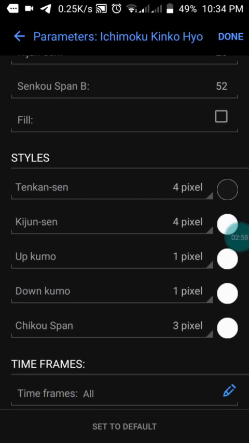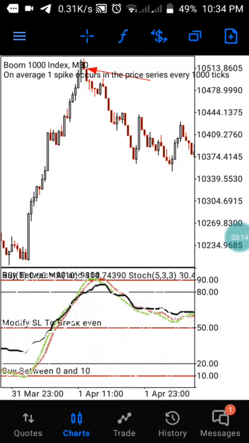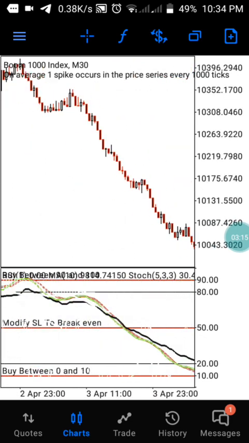If you are using a black background, the first style will be white, and the others will be black, the color of your background. When you press OK, you should have the same settings I have on this chart.